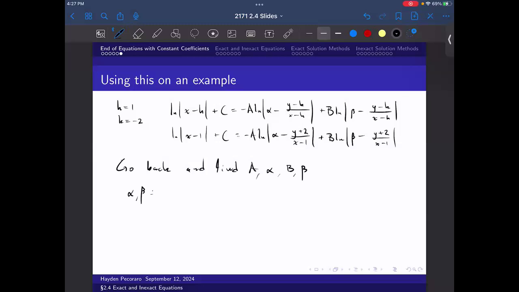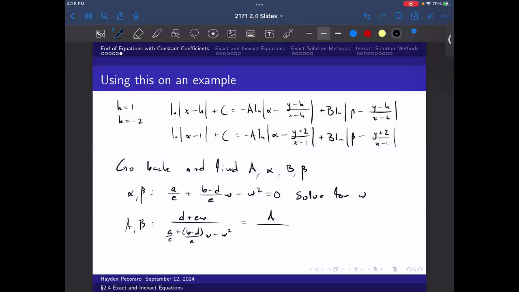Those will be the roots of this equation for W. And then A and B will come from (D plus EW) over E, forgot my over E, W minus W squared.